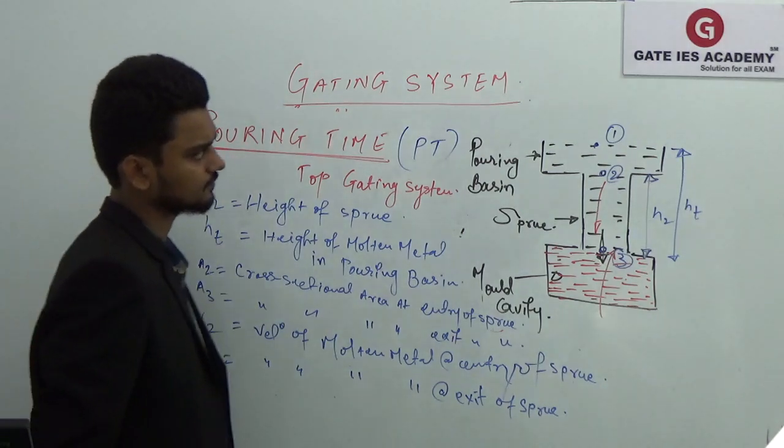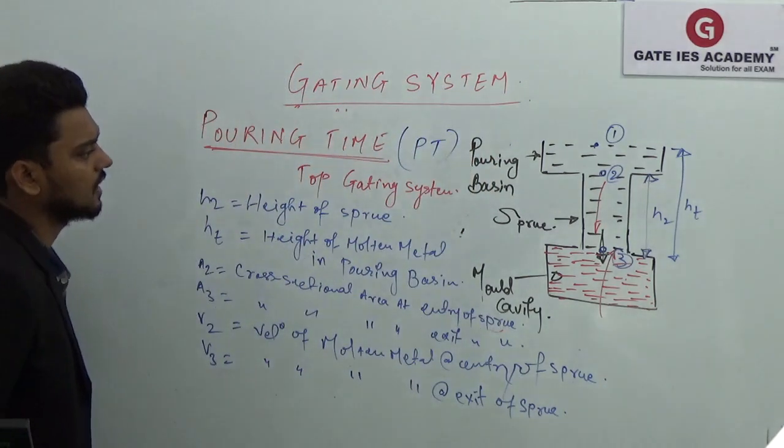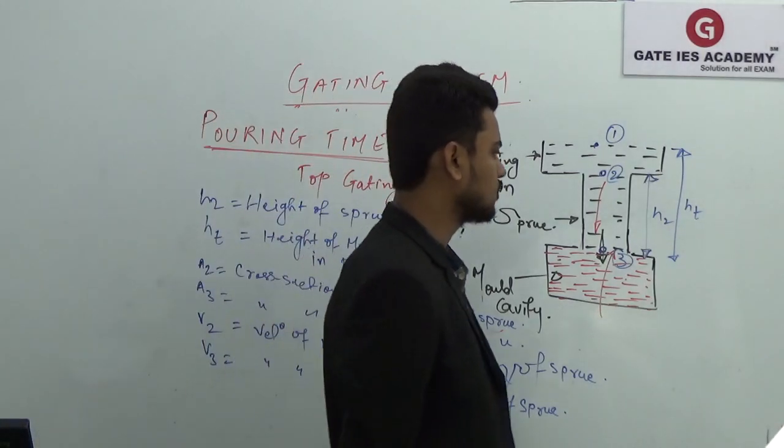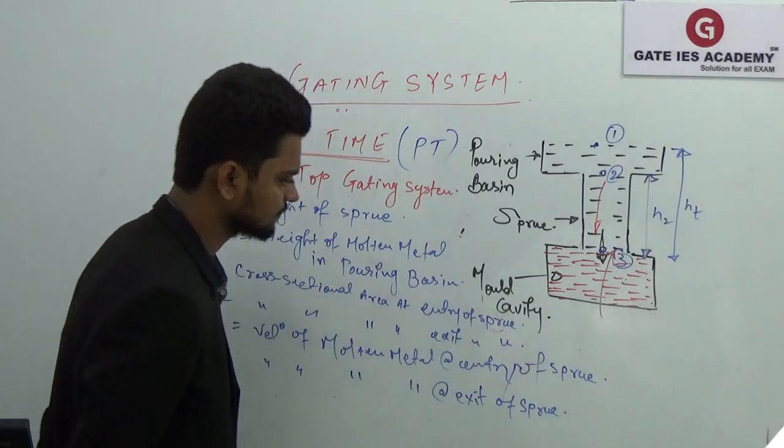Okay. Now to find out the velocity at the exit of the sprue, we'll apply Bernoulli's equation.